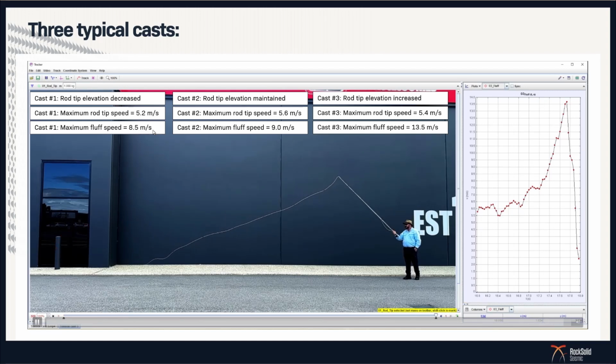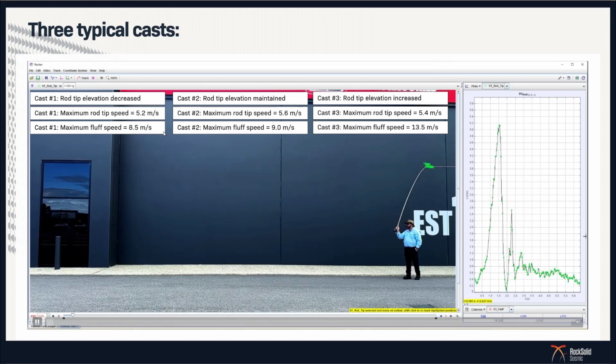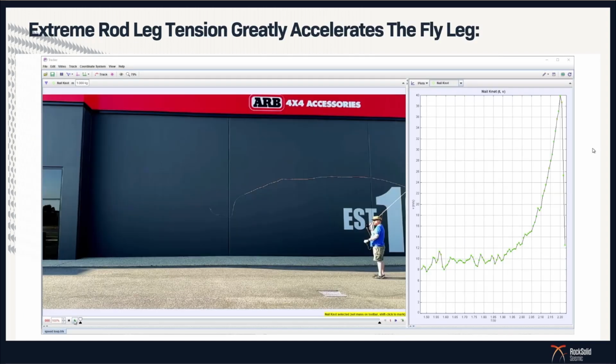You'd expect it to be around about 8.7, 8.8 meters per second, but lifting the rod tip has increased my fly speed. So that's telling us something about what's happening in the fly, in the cast.